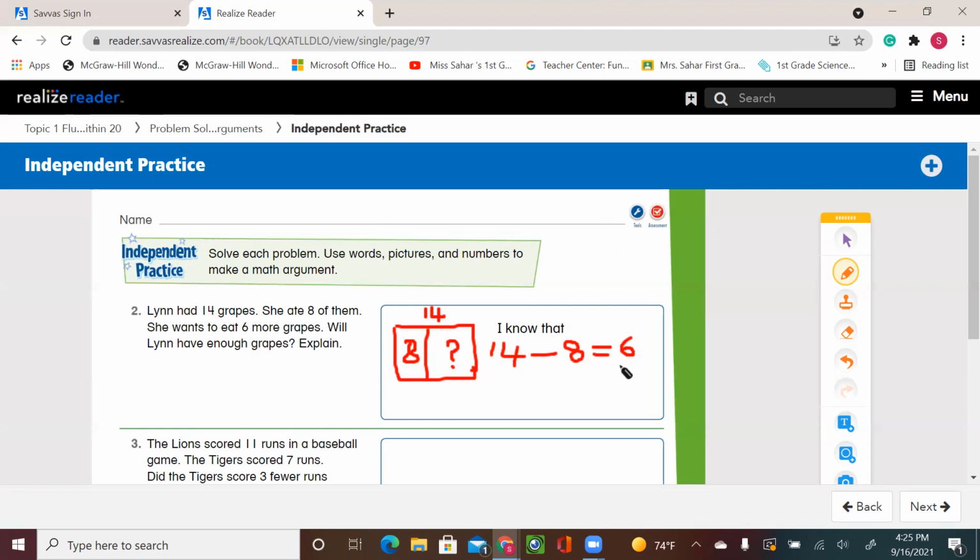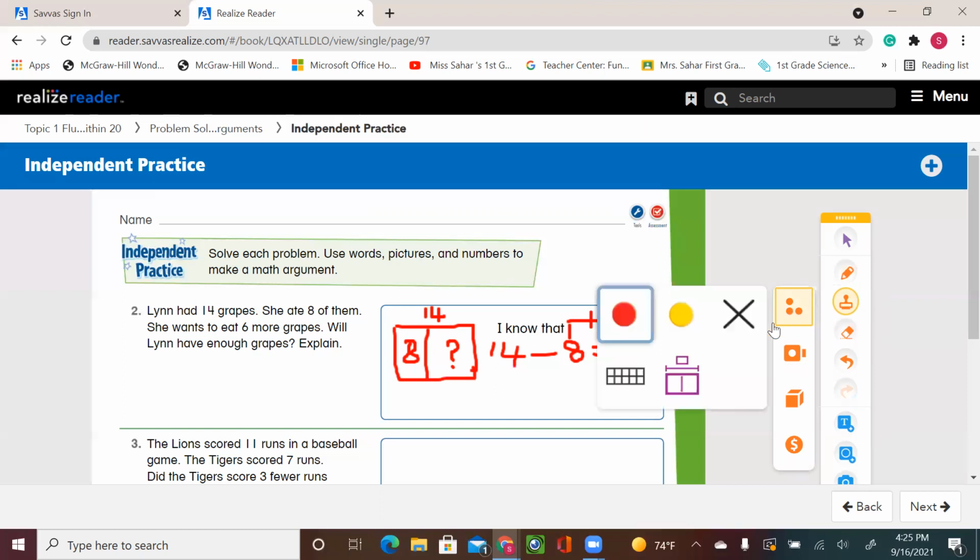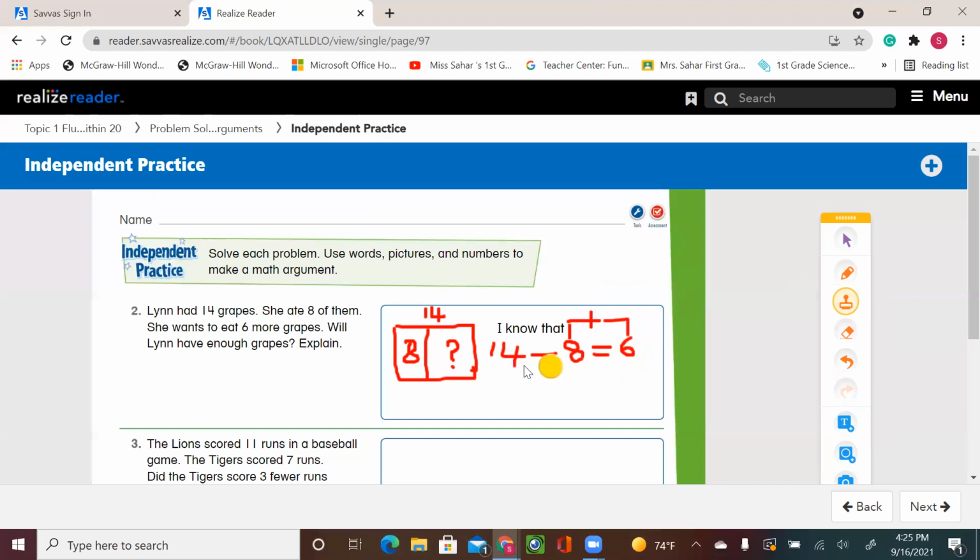Awesome. 6. That means 8 plus 6 gives me the 14. So if I have stems or counters, so if I have them here, 6, add them to the 8, they will be 14. So I can say also again 6 plus 8 equals 14.